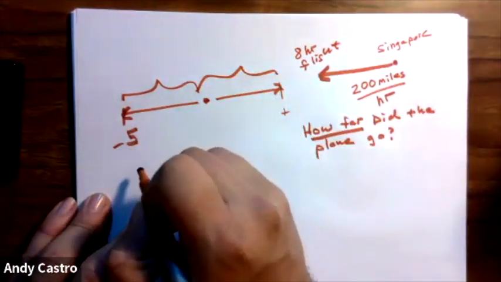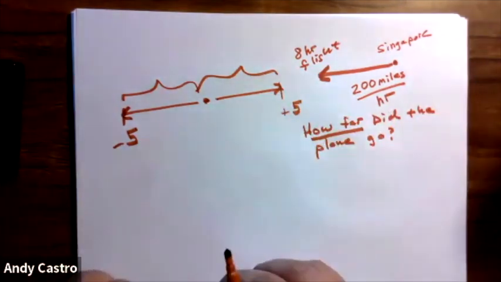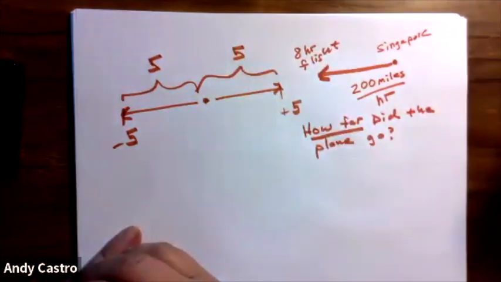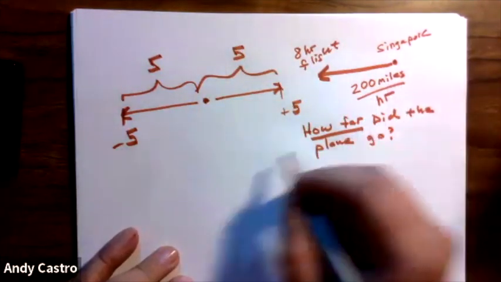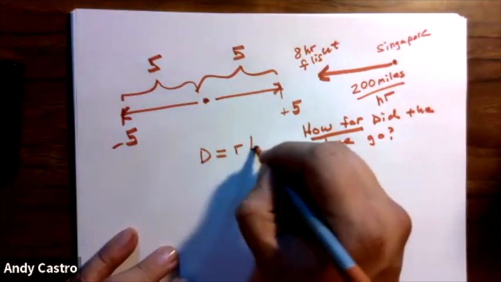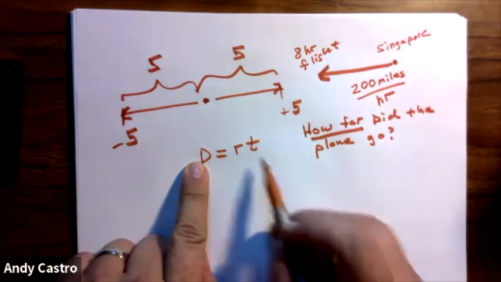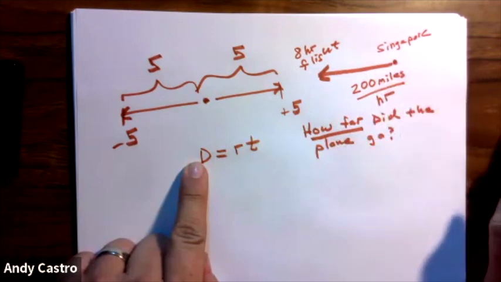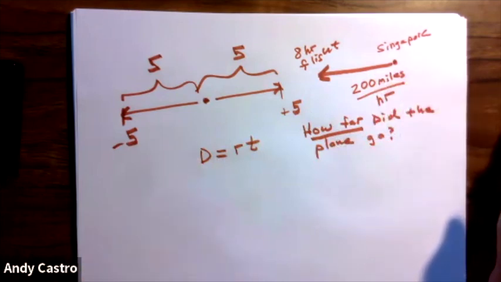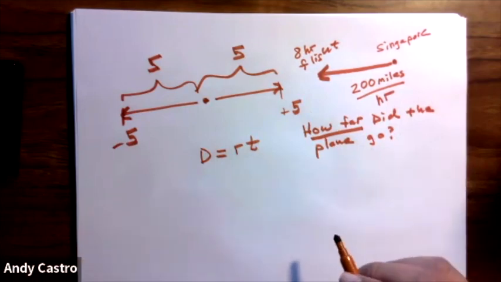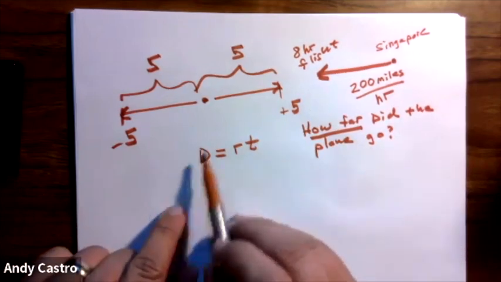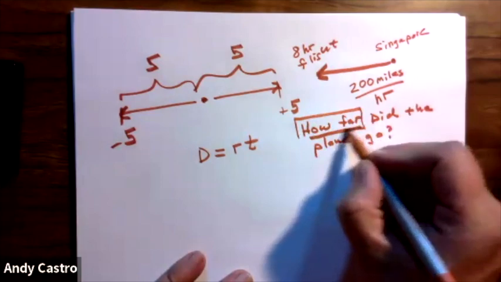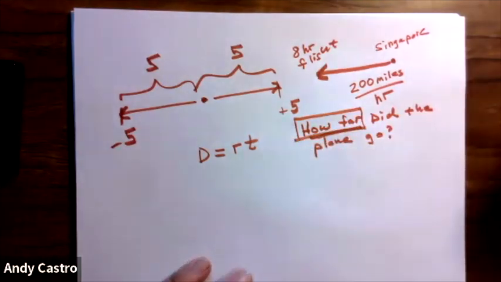So if this is at -5 and this is at +5, the absolute value of each is 5. So I don't necessarily put this in absolute value form, but you'll notice that I don't have a negative in front of the distance, signifying it's going the opposite way from the other plane. If I'm relating the two together, that's where it will become necessary to add a direction. But right now, we're simply asking how far did it travel going at that speed?